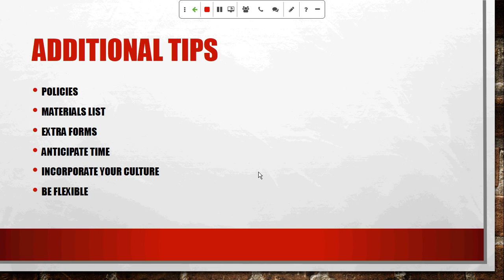So also, you're going to need extra copies of all your forms. You're going to have vehicles arrive with several children in them, and you need to be prepared and anticipate that. Have extra inspection checklists on hand to accommodate those vehicles and in a place that's easily accessible to your technicians.